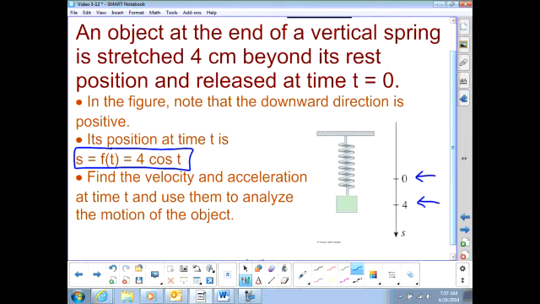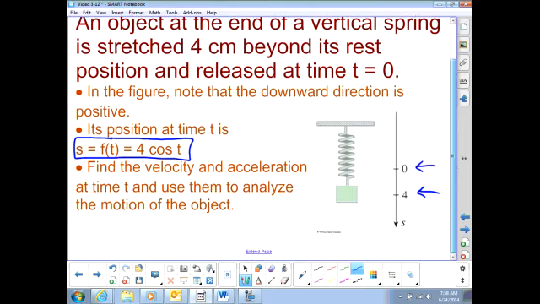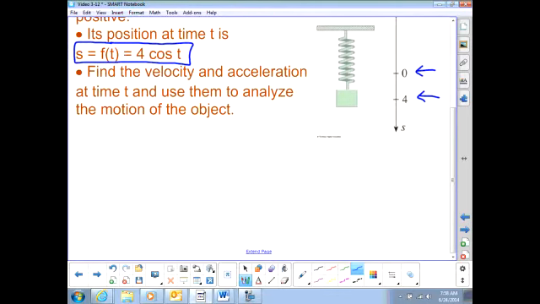And what we're going to do is we're going to find the velocity and the acceleration functions. Well, s prime, our derivative of our position function, should be our velocity function. So we could use the notation either way.